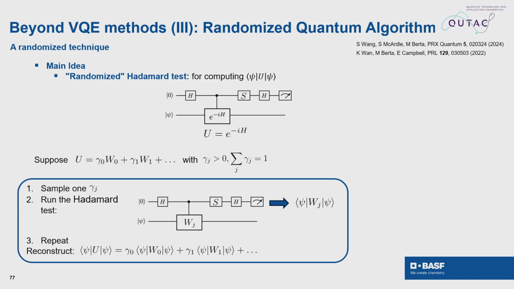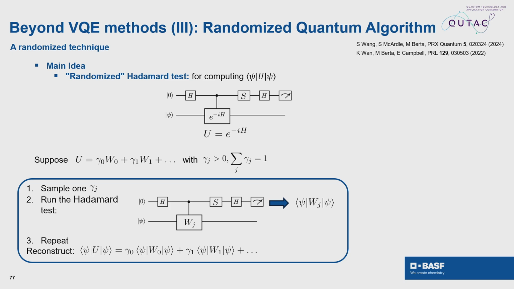So we scouted a bit the literature, and we found that there is a class of randomized algorithms that have a very low overhead. You don't need a logarithmic number of qubits, you just need one qubit more. But the price that you have to pay is that you have to find an expression for the operator that you want to measure, for example, this unitary operator, e to the minus h.